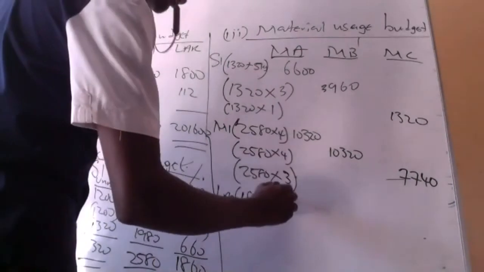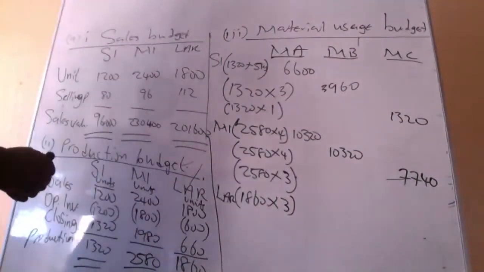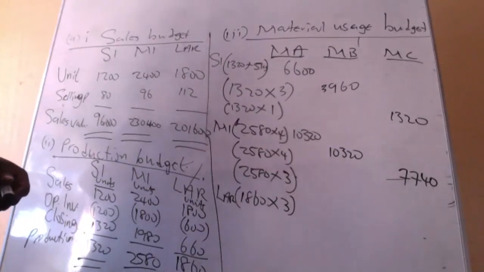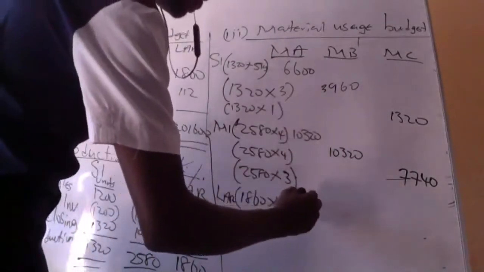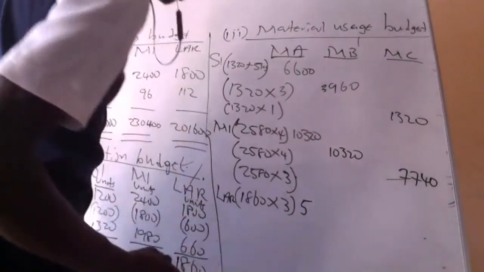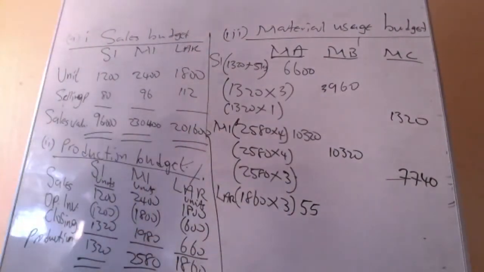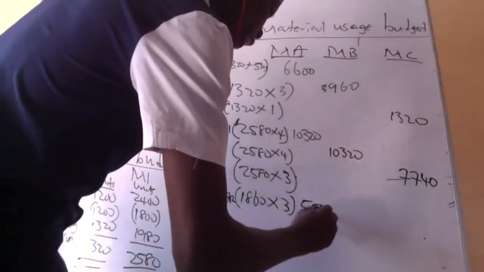Okay, by 3, that will give us 5,580, right?